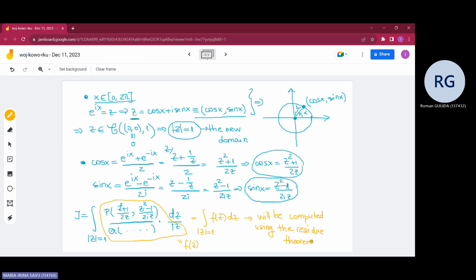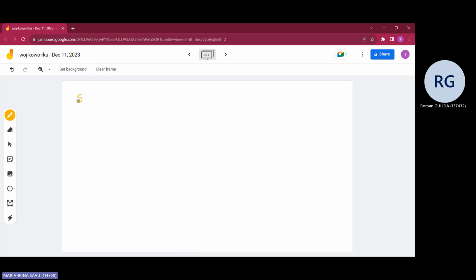And I'm going to write briefly the steps. So for step 1, you have to find the singular points of f, singular points denoted by SP.